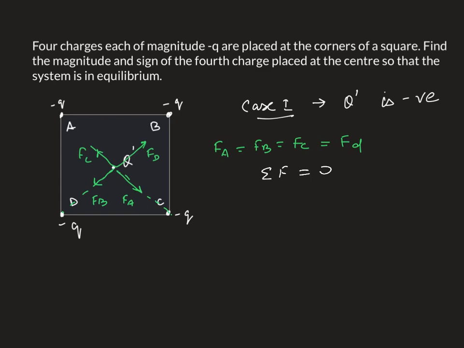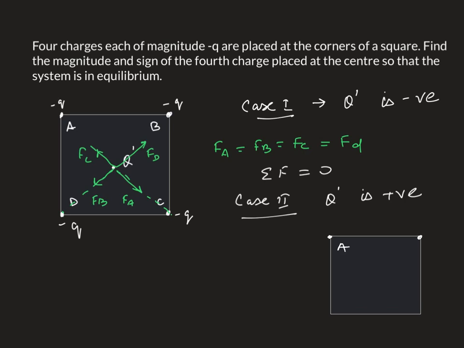Now let's consider another case. Case 2. Q dash is positive. What if Q dash is positive? Let me draw the square again. So here we have A, B, C and D. And there is minus Q here and minus Q and minus Q and minus Q, and here we have Q dash.